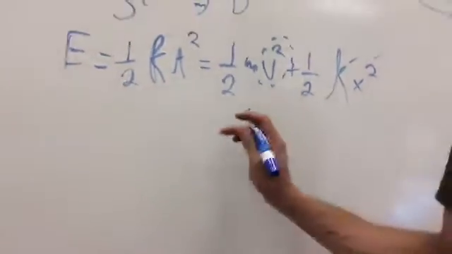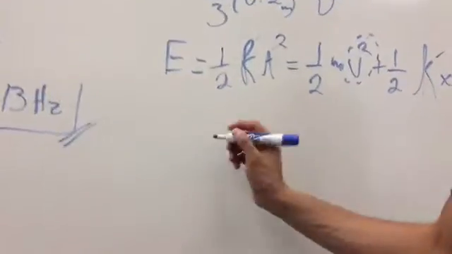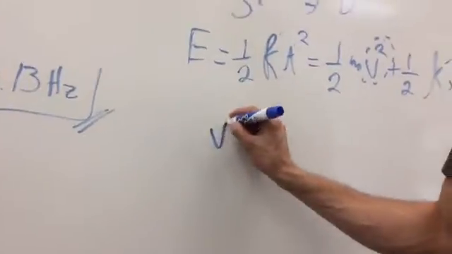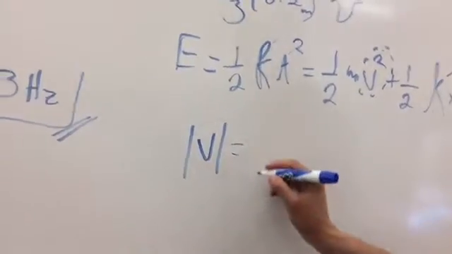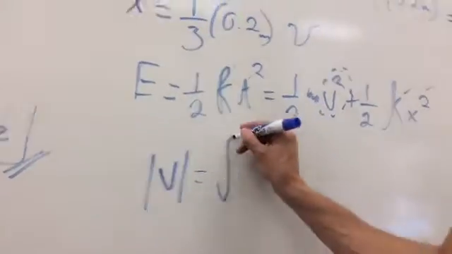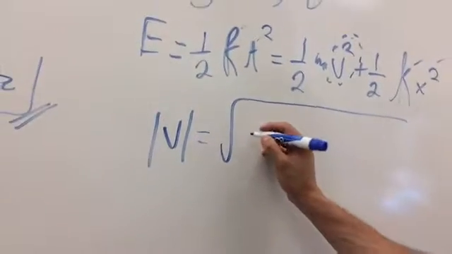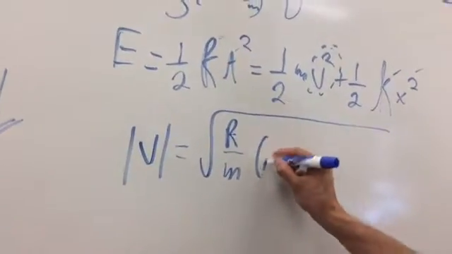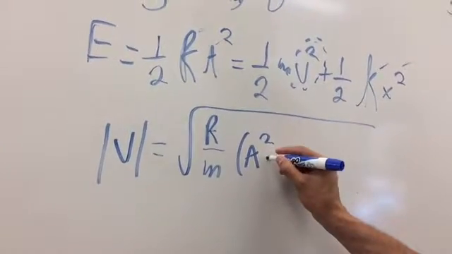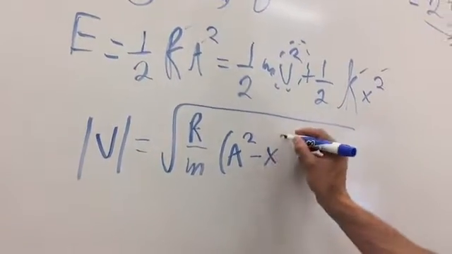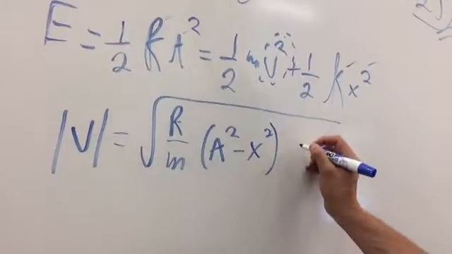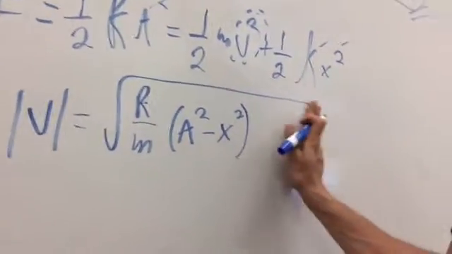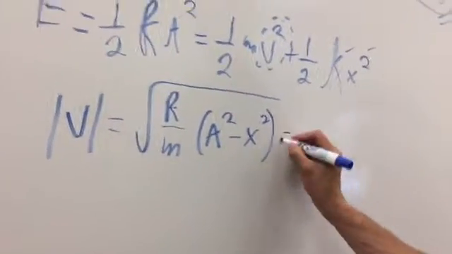The magnitude of the velocity will be the square root of the constant over the mass times the amplitude squared minus x squared.